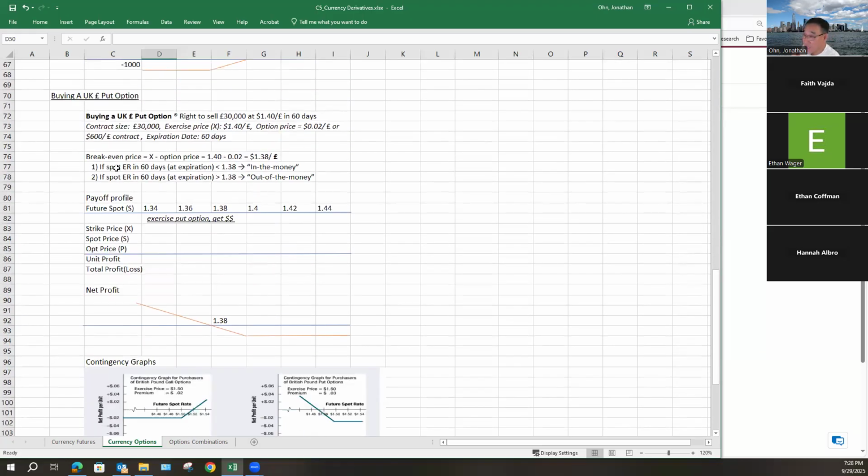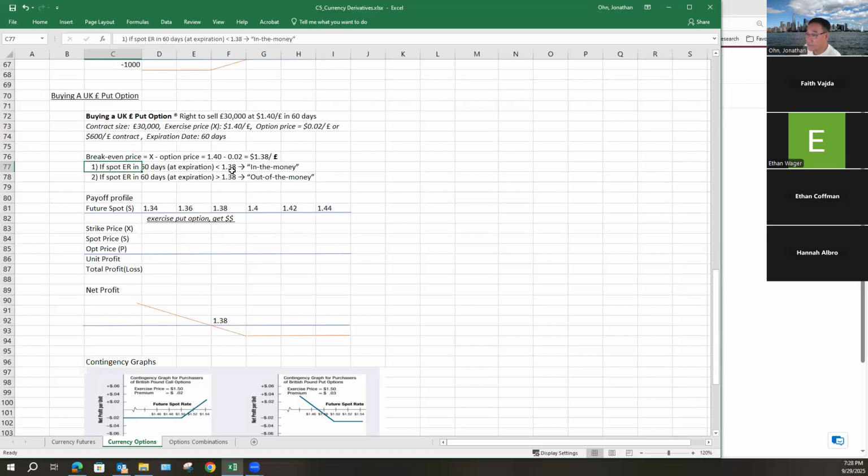Now, in this case, if the spot exchange rate in 60 days is lower than this break-even point, then you are in the money, because you sell your British pound at $1.40, and net of the option price you get $1.38.